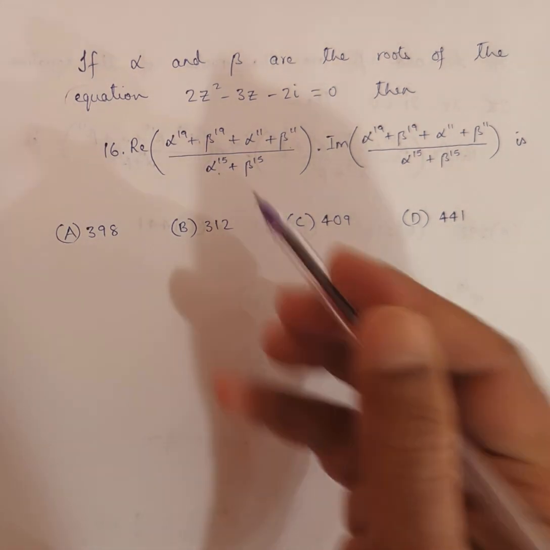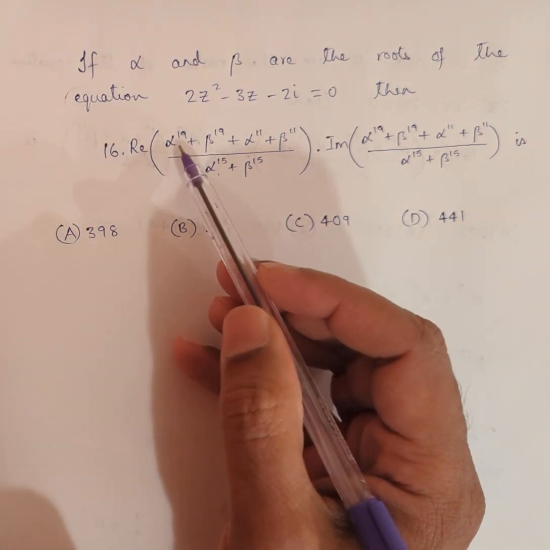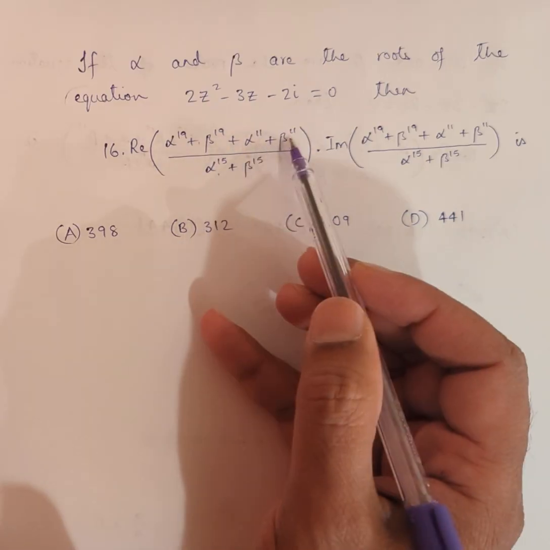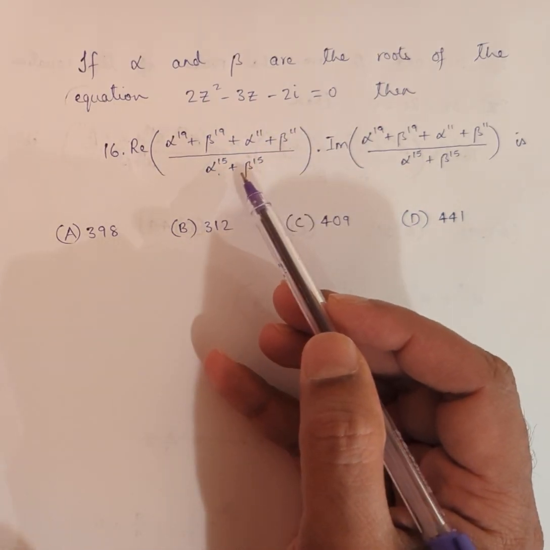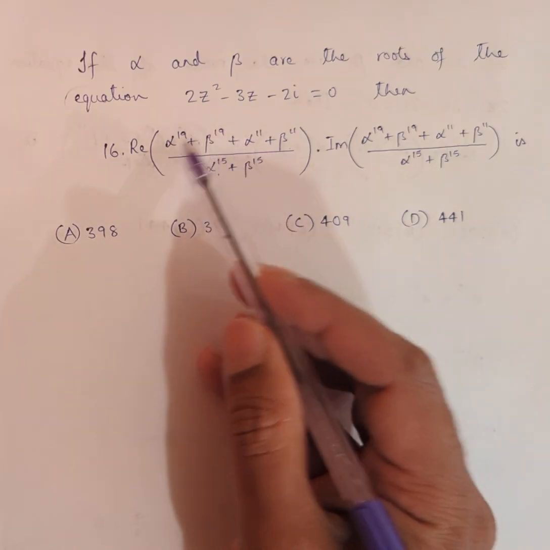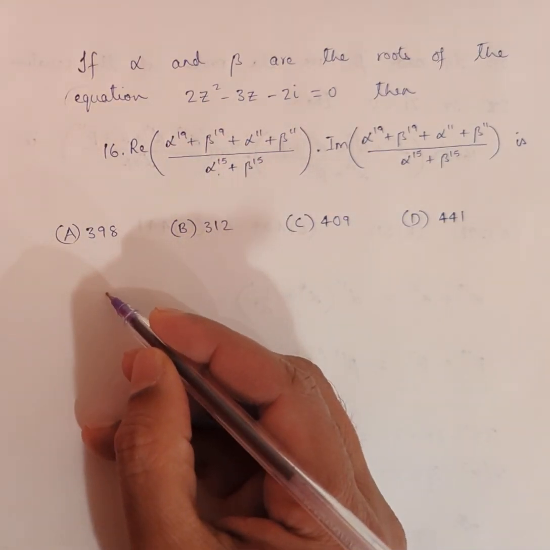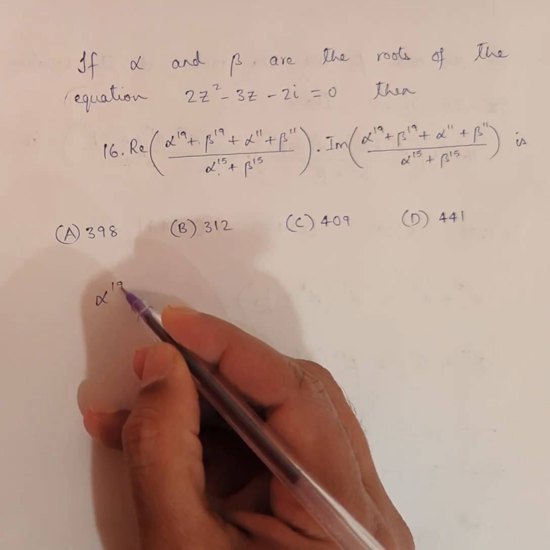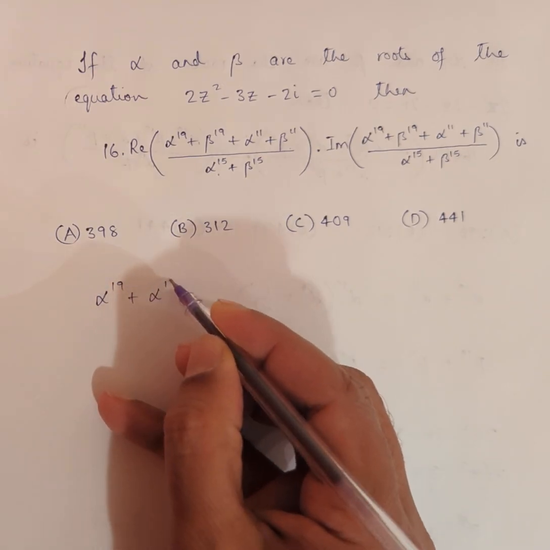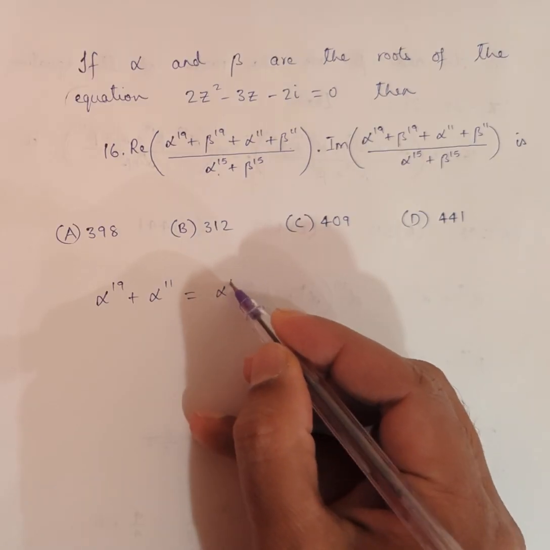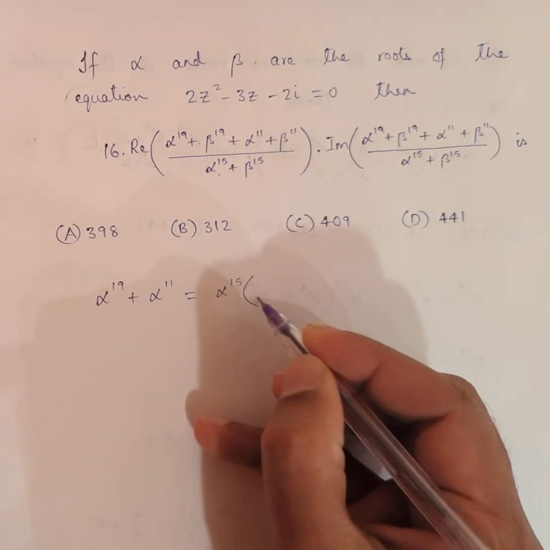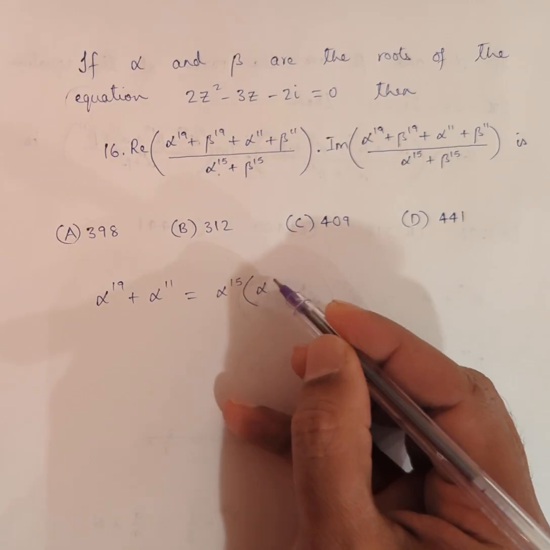And also notice that the exponents are 19 and 11, which are symmetrically located about 15. So we can look at alpha to the 19 plus alpha to the 11. You can rewrite this using alpha to the 15. So this would be alpha to the 4.